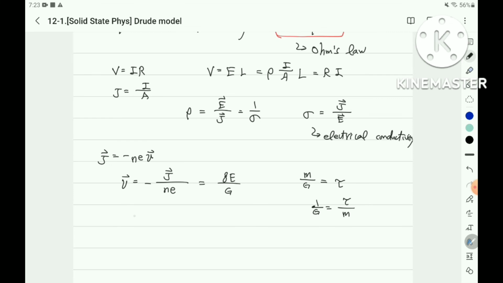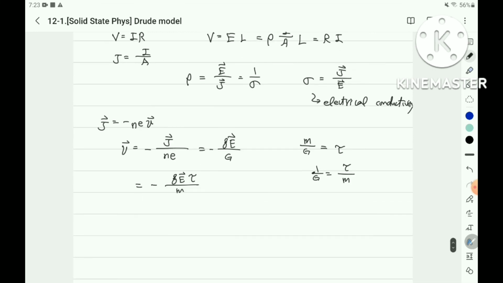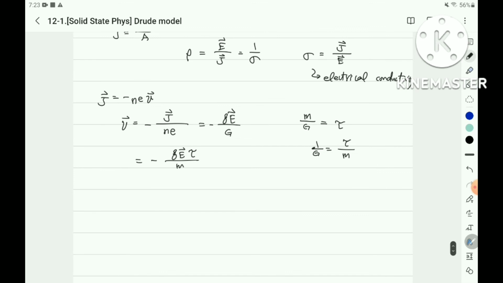Therefore v is minus eE tau over m. And here in the steady state we call that the drift velocity.